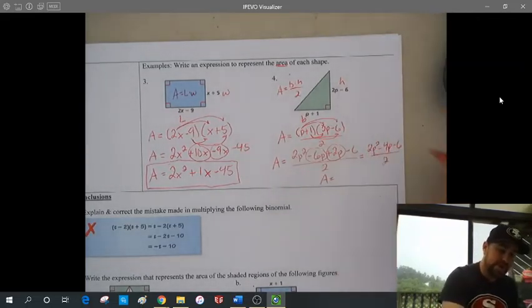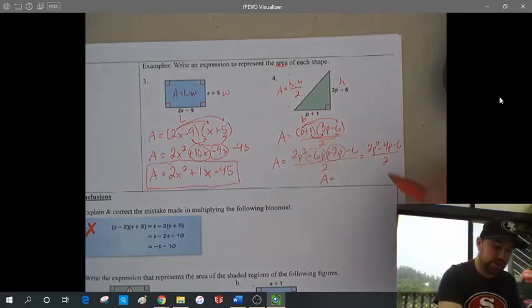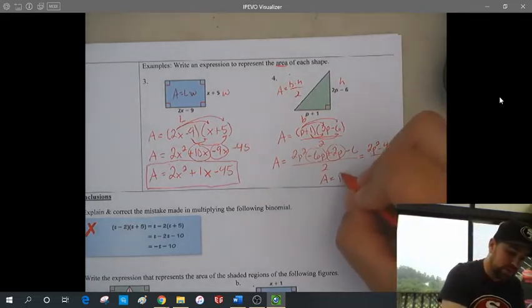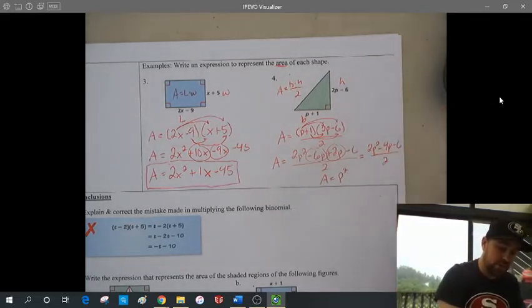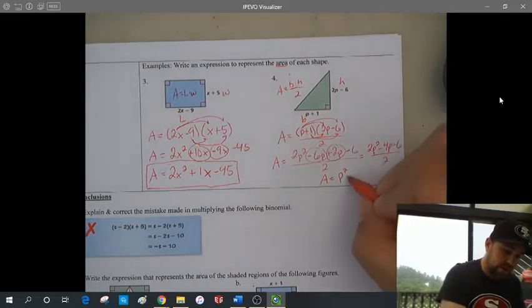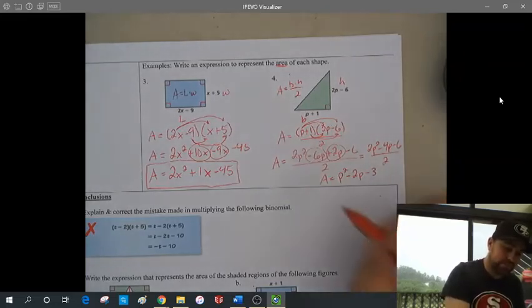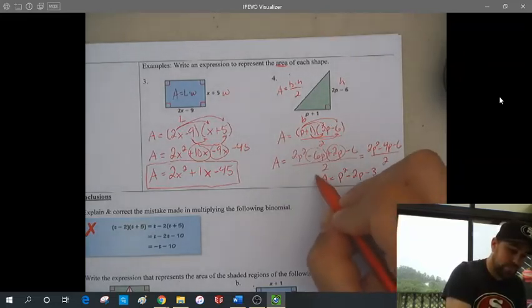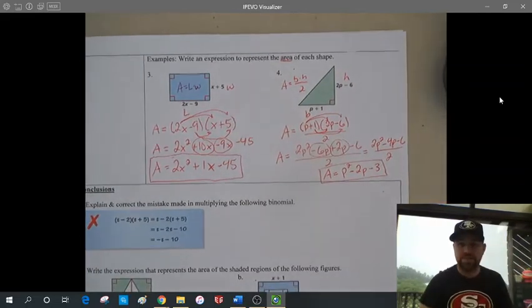But I can simplify that by dividing each term by 2. So I would end up with just p squared, or 1p squared, when I divide that by 2. Here I would get negative 2p and minus 3. And that would be my expression.